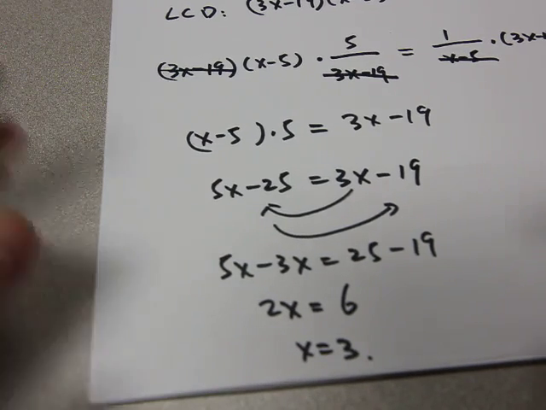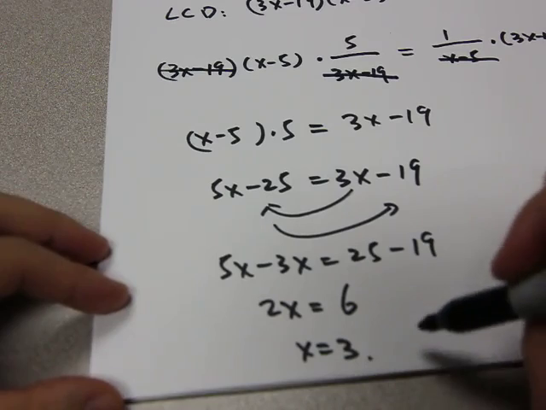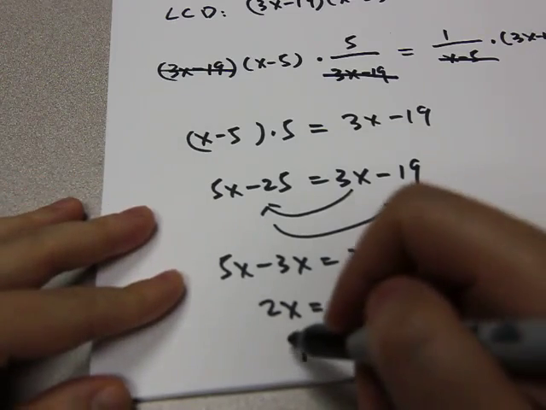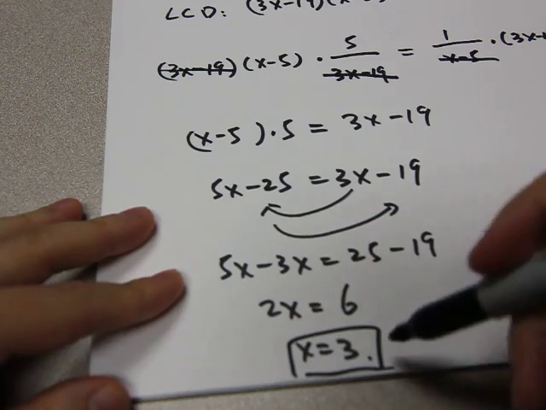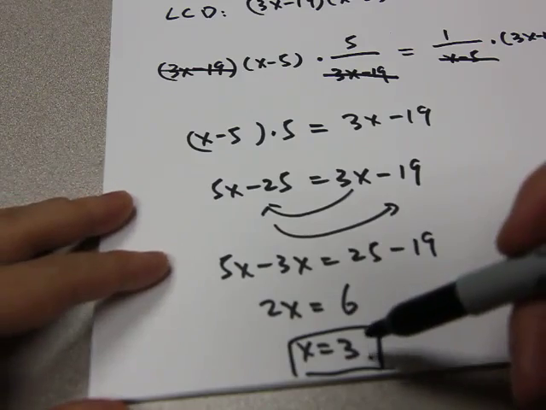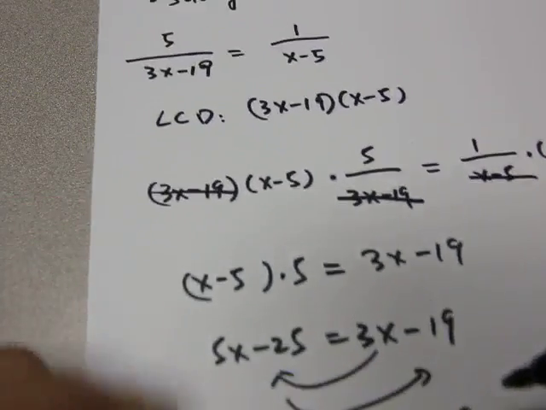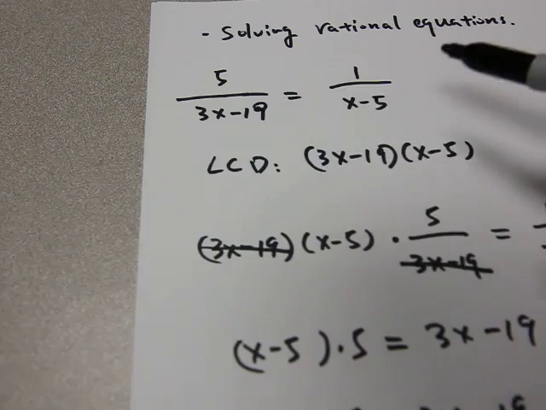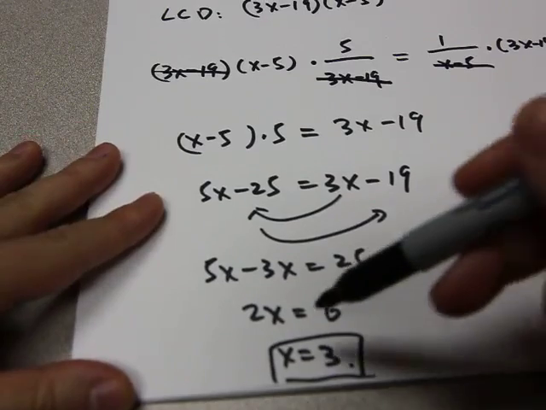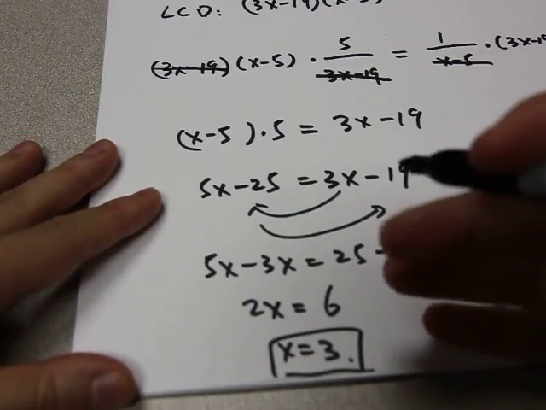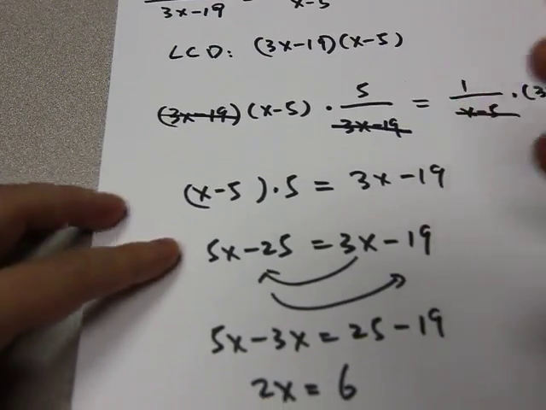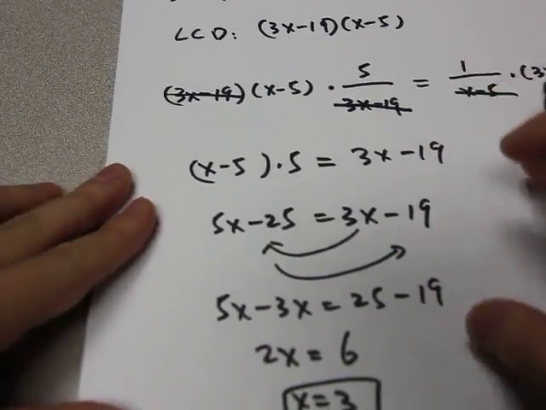Okay. Well, when you get to this step, you should tell yourself you are not finished yet, because we need to verify whether this result is an undefined value of the rational expressions in the equation. If it is, then we cannot use this solution, because it will make the denominator be 0, so it will make everything undefined.